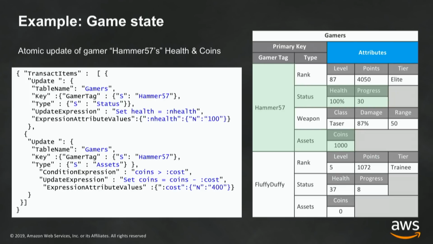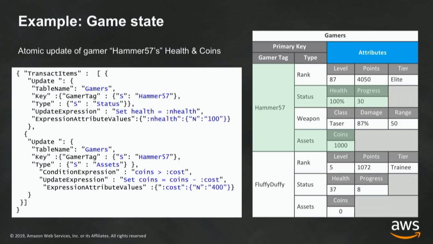The difference between the two is that if you use multiple items, it gives you the ability to access and write with finer granularity, right? For example, in this case, this application allows you to spend some of your assets, coins, to acquire more health. And I don't need to retrieve the entire gamer state, which might be fairly large.